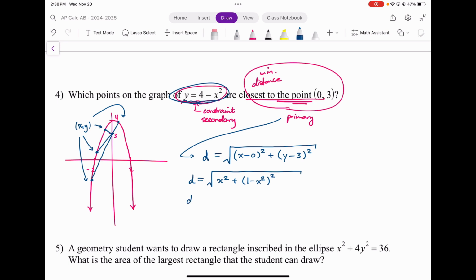And now we want to simplify this as much as we can. So we get x squared plus 1 minus 2x squared plus x to the fourth. I'm just distributing out this binomial here. Simplifying one more time, combine some like terms. Looks like we get x to the fourth minus x squared plus 1.